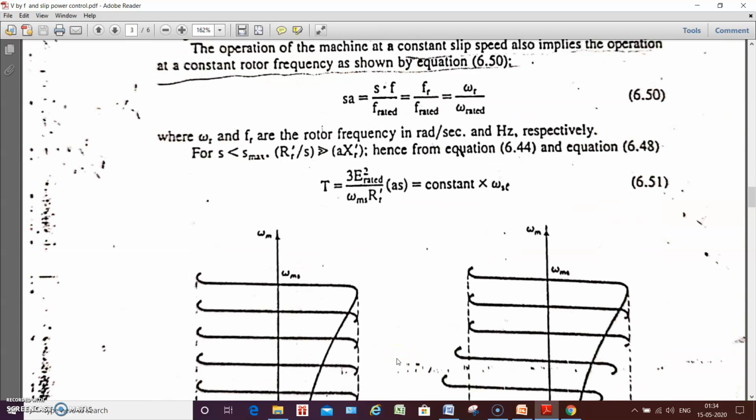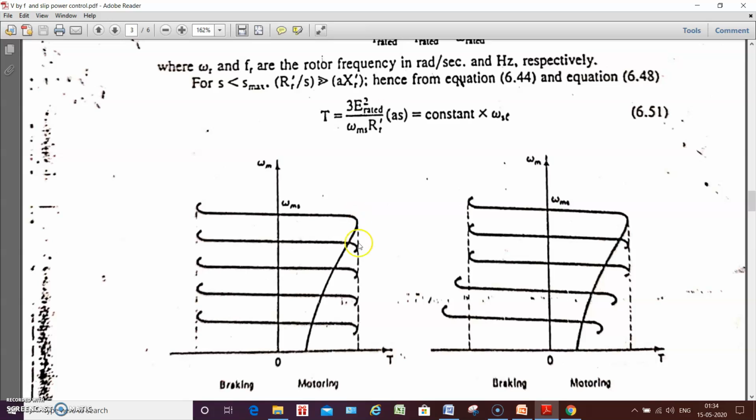And another parameter is that T max is going to be constant. So you are getting the speed torque characteristics like this for any value of frequency. So this is omega ms. So this is for any frequency less than this omega ms. For any frequency of operation, the speed torque characteristics is going to be a parallel line.